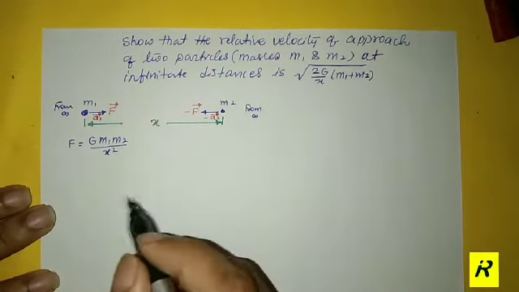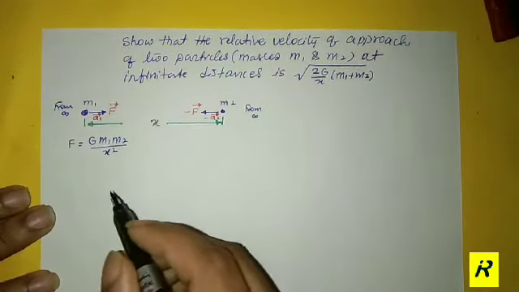Considering these things in mind, now we can write a1, the acceleration of the first particle, only the magnitude, which is F divided by m1. If you put this value of F here, we get a1 equals G m2 divided by x square.